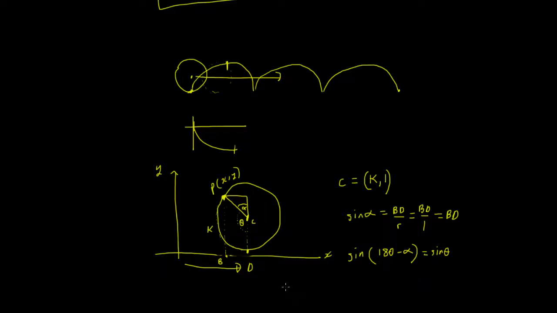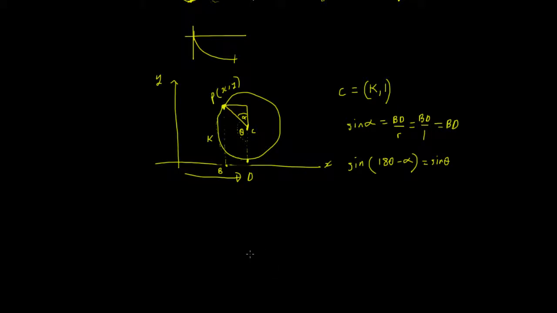So what we can do is write OB, that distance there, which is the x distance we're looking for, is equal to OD minus this distance here, BD.